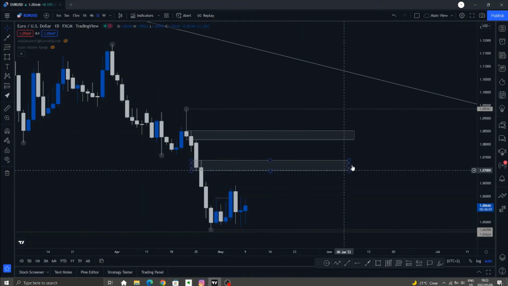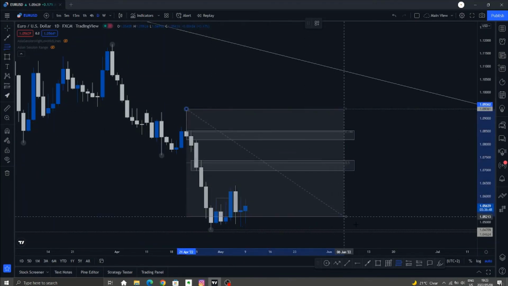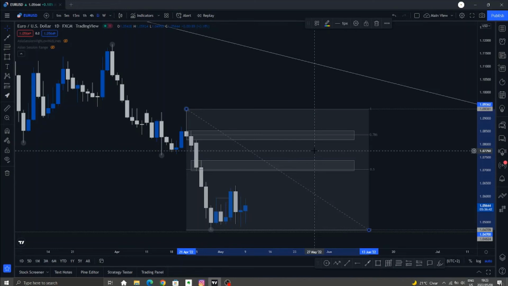But the reason we know these are high value areas for potential trend continuations to the downside is because if we bring on our fib tool, we can see that those two zones sit within premium prices. Now remember, when you're selling, you want to sell at a premium, so you want to sell above your 50%. If you're buying, you want to be buying at a discount, so you want to be buying below your 50%.